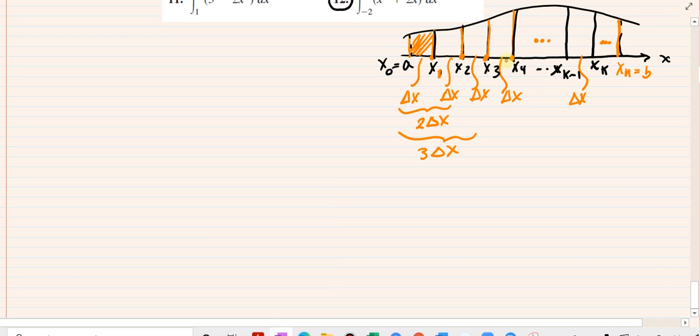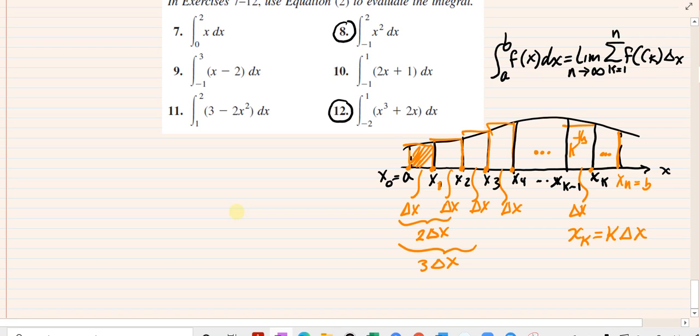So for the kth sub-interval, this is my kth rectangle once we construct the rectangles. How many delta x's to get to x sub k? In this case, x sub k is k delta x's. If I use the right endpoint, it will take k delta x's to reach from a, the starting point, to x sub k. So we're going to use this in this segment.